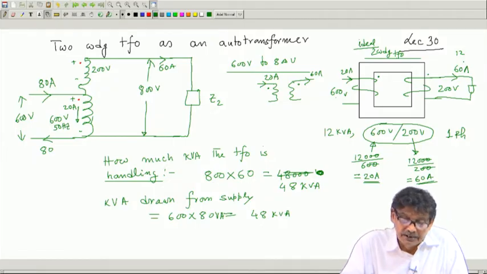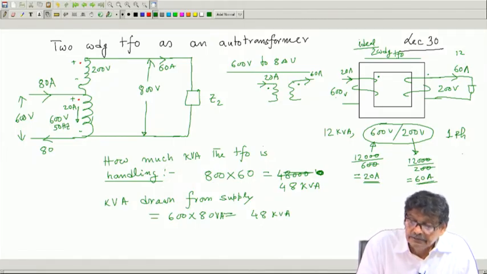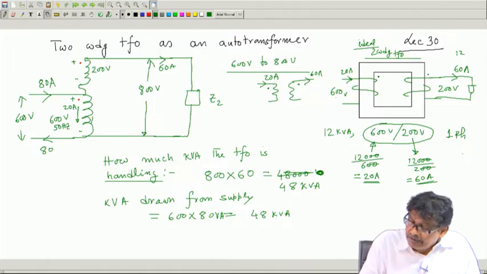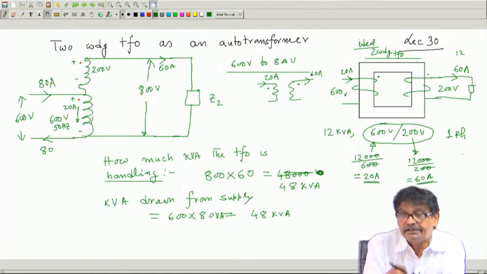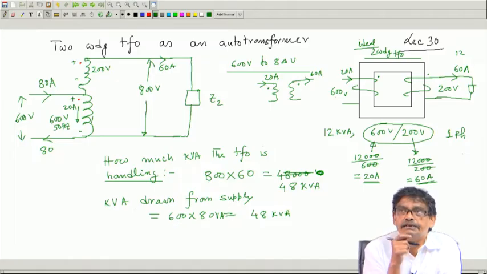But the moment you connect it in this fashion, we find that this way of connecting the transformer can handle 48 kVA without overloading the transformer. That is the most important part. It is now handling 48 kVA.